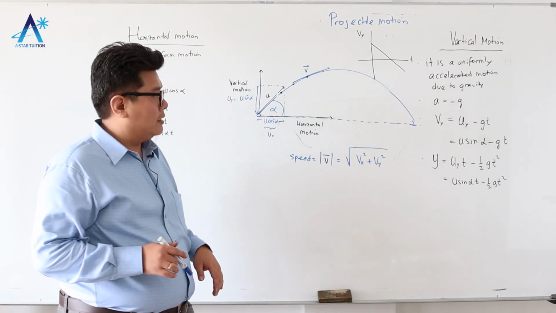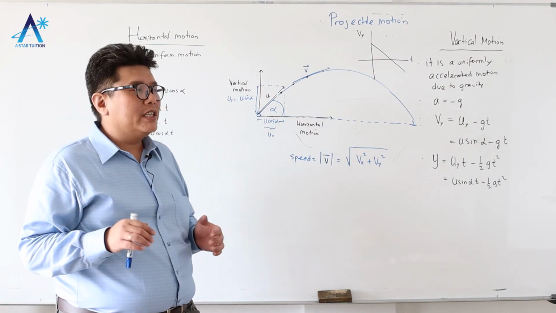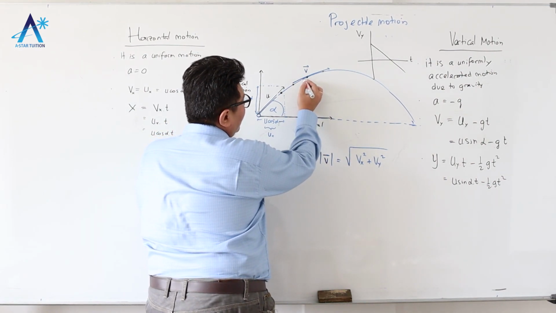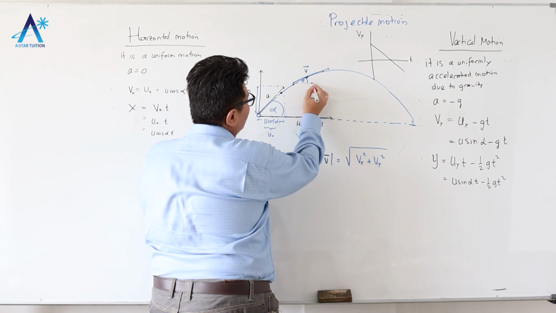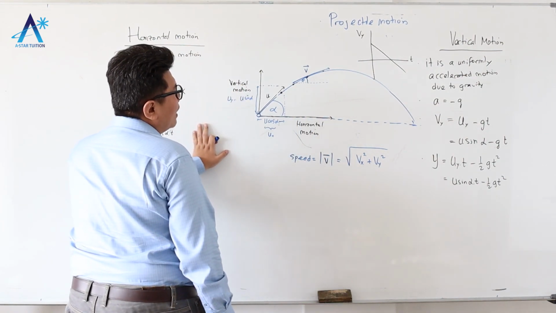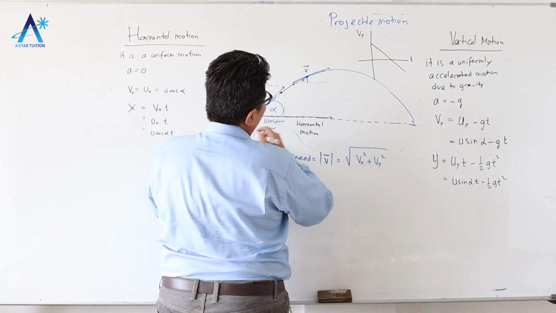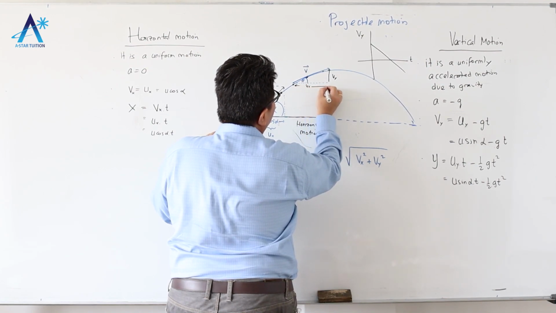What about the direction? We usually use an angle to describe direction. In this case, the velocity makes an angle, let's say theta, with respect to the horizontal. This v has two components, vy as well as vx.